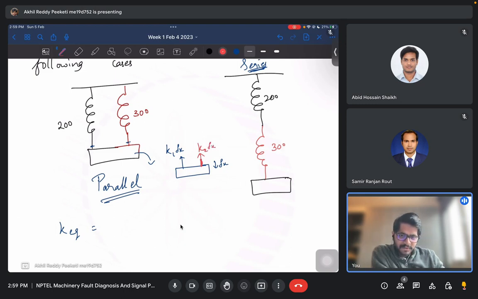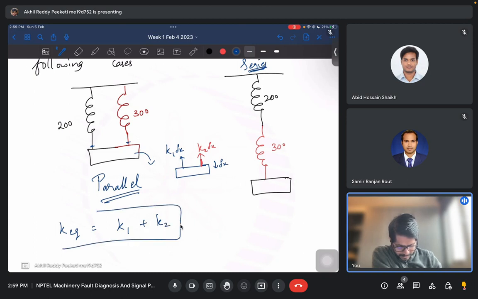So the total force, you are actually getting the sum of both forces from the two springs. So that's the simple way to remember. For parallel, the spring constants, you just add them up because you are ending up with both forces. But when they are in series, if you have delta x displacement here, that delta x is divided into some components for both spring 1 and spring 2.